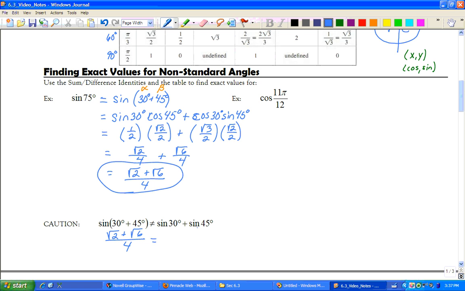And let's just prove that it's not equal to the sine of 30 plus the sine of 45. Well, the sine of 30 degrees is 1/2. The sine of 45 degrees is the square root of 2 over 2. Again, we have a common denominator, so we add the numerators. That's 1 plus the square root of 2 over 2. And you can see that those two sides are not equal to each other.